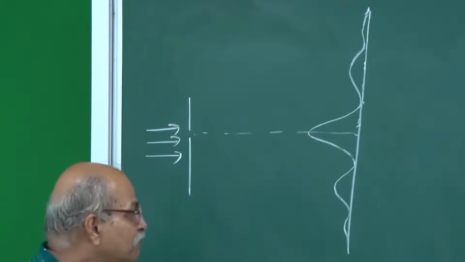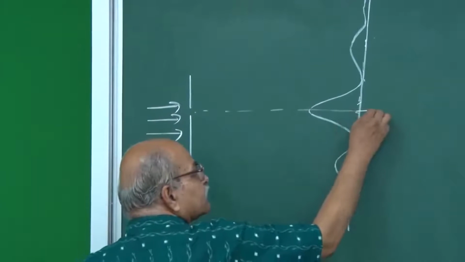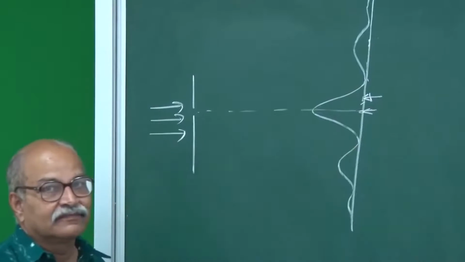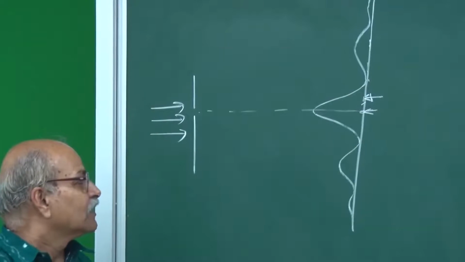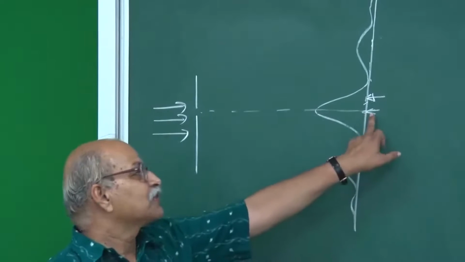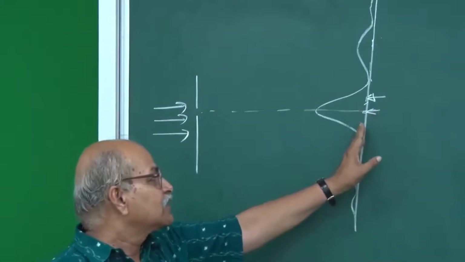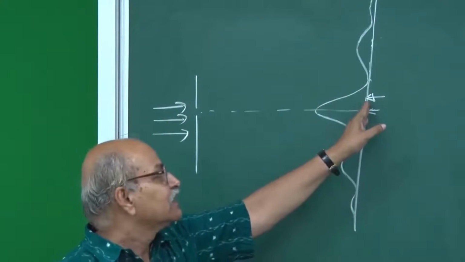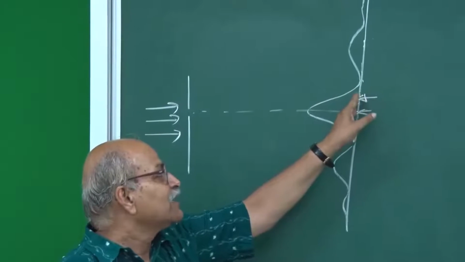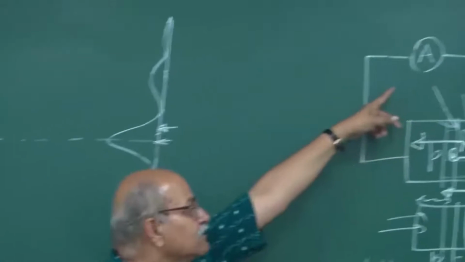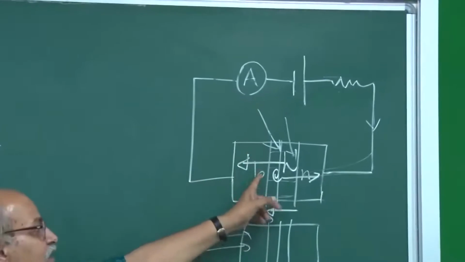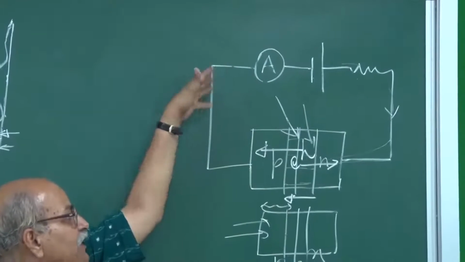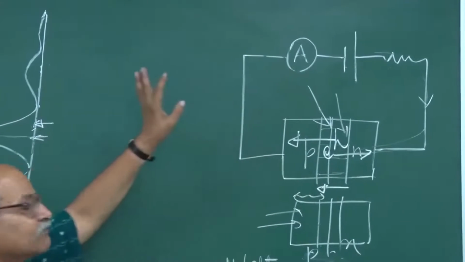Now, if I want to measure the intensity here and the intensity here, what do I do? In principle, I can put a photodiode here and shift this photodiode in small steps in this direction. And every time I can measure this reverse bias current. The photodiode is connected to a battery, a resistance, an ammeter, whatever current meter.